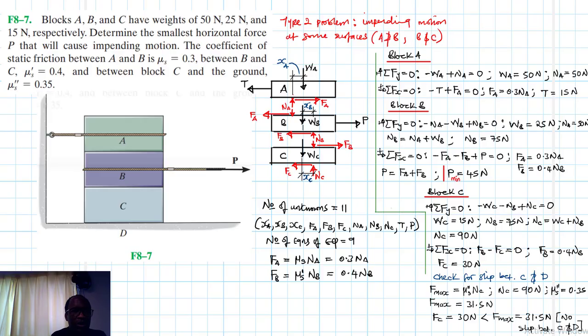This is the smallest force that is required to cause impending motion. And the impending motion will be caused between boundary A and B and between boundary B and C. You expect that to happen, right? Of course, when this particular block B experiences impending motion, it will happen between A and B and between B and C.